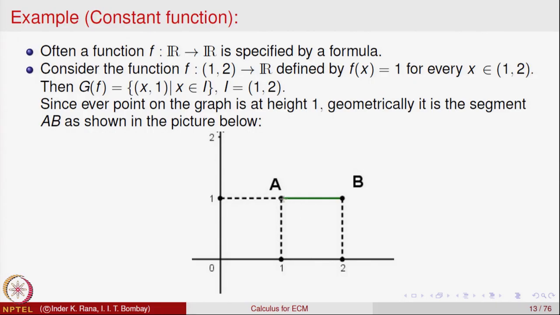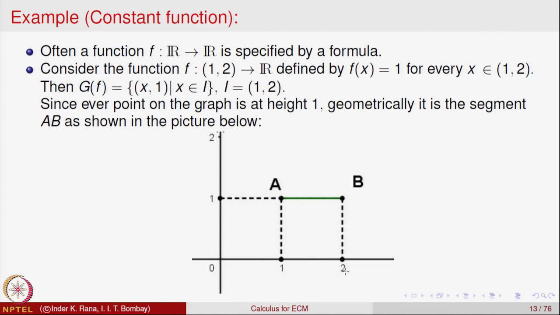So, this is the point. This line segment is the graph of this constant function f from (1, 2) to R given by f of x is equal to 1. So, this is the constant function, taking the value 1 everywhere on the domain (1, 2).